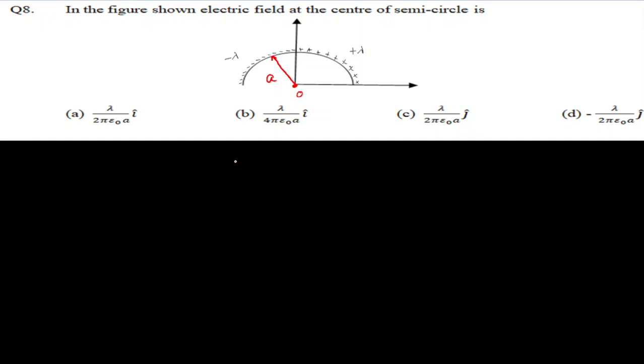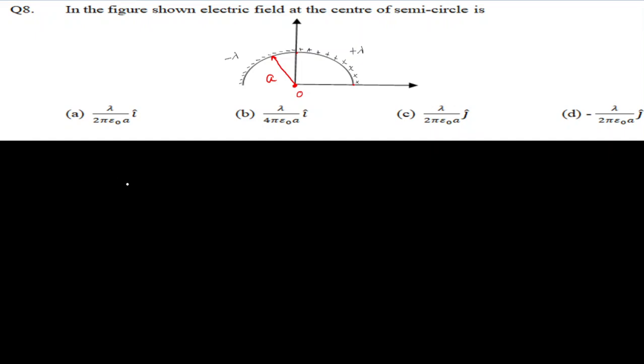Okay. So in this case, you can see that the charge over this first quarter part, from here to here, is the same everywhere, plus lambda, and in the second quarter part it is everywhere minus lambda. So each quarter part has a uniform charge distribution. For this type of situation, we can use the standard result that we have already discussed in the last class.